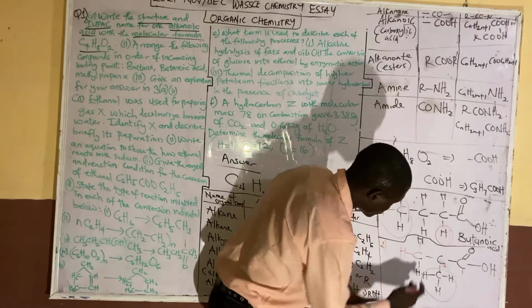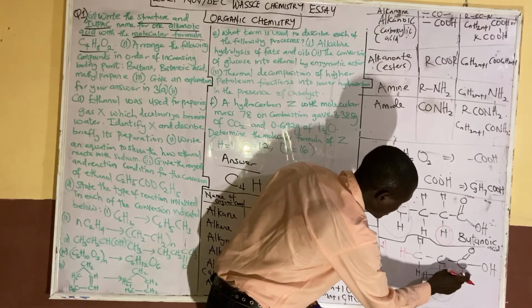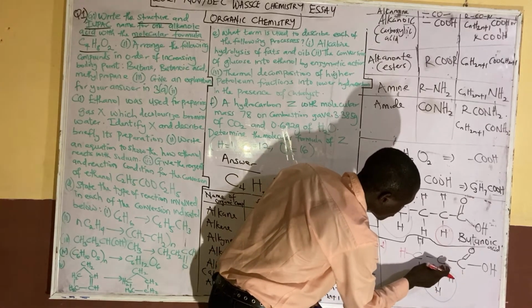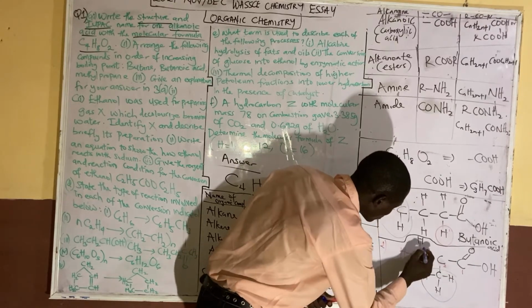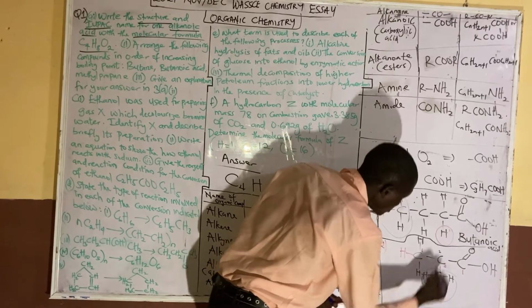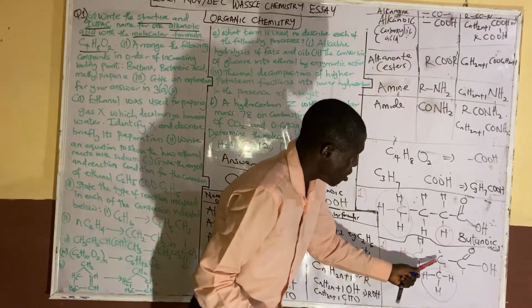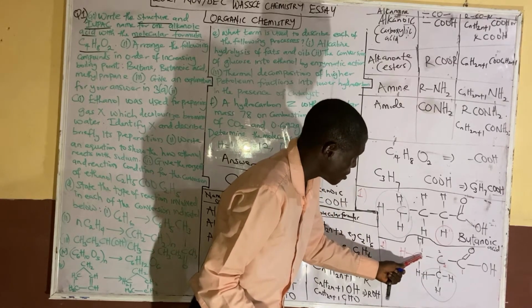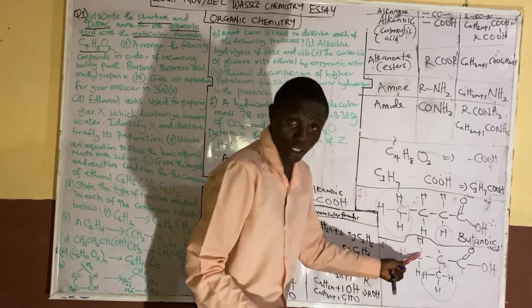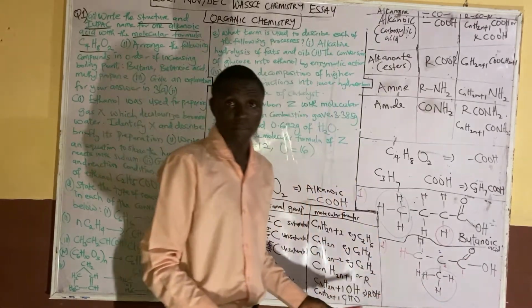If I start from the bracket, my substituent falls on number 2. But if I start from the front, this will be number 1, then number 2. Are you getting it? In fact, I cannot start from the front because this is not where my functional group is. Because my functional group is here, I have to start from that place.